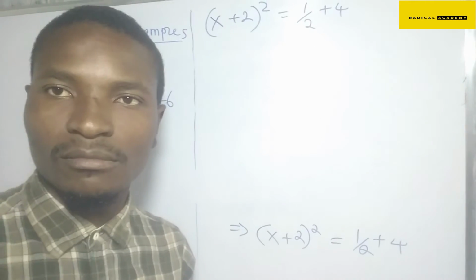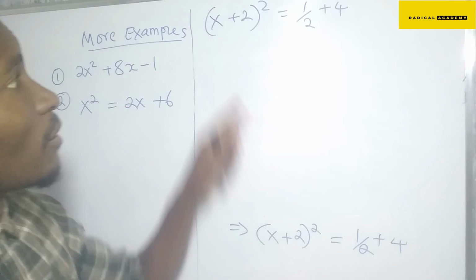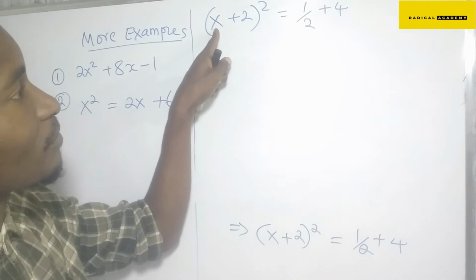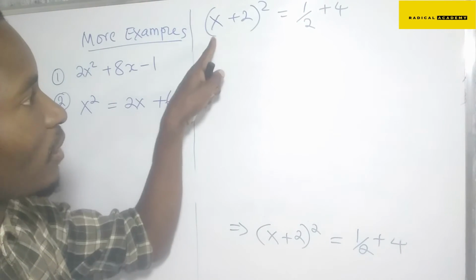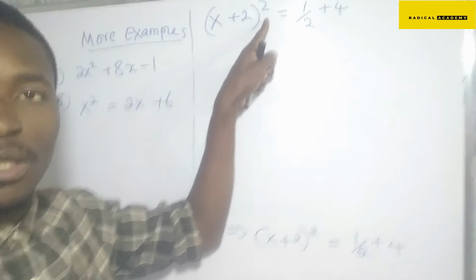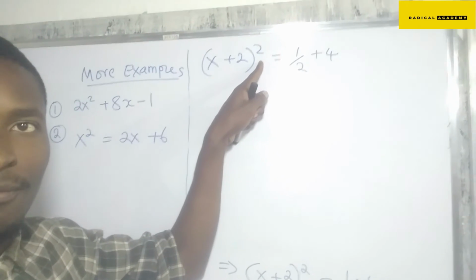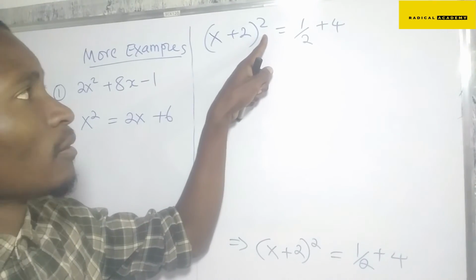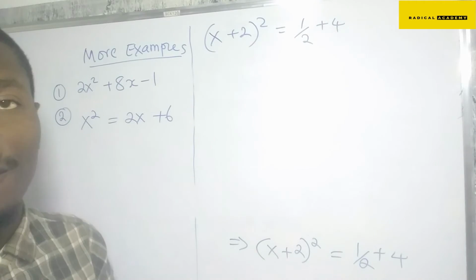So factorize there, meaning open bracket, x plus 2, close bracket, to the power 2 equals half plus 4.